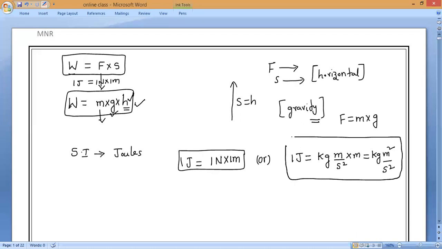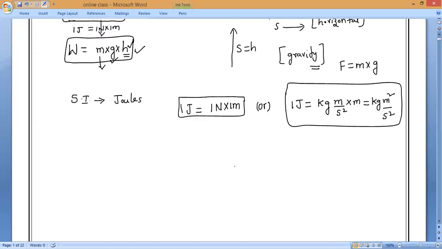Now I am saying once again, all of you remember 1 Newton. This is the most important in numericals. 1 Newton is equal to kilogram meter per second square. Is it right or wrong, everybody? Because F is equal to mass into acceleration, so this formula will come.